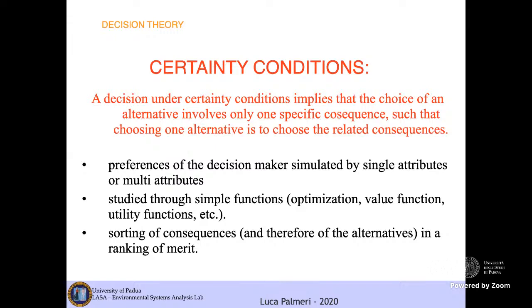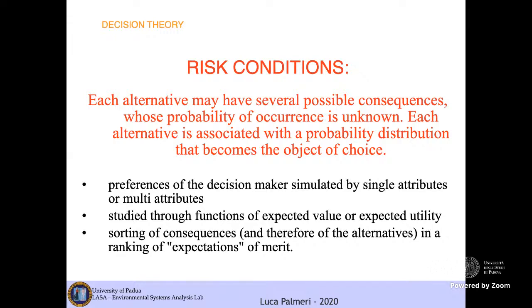These are studied through simple functions, typically optimization, or value functions like minimizing the cost or maximizing the time, or various utility functions. We will see some examples of that later. And then the sorting of consequences, and therefore of the alternatives, in a ranking of merit. In certainty conditions, generally the decision maker is happy because he obtains a complete ranking in a structured certainty decision problem.